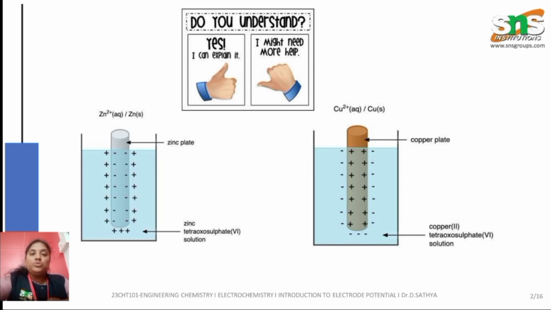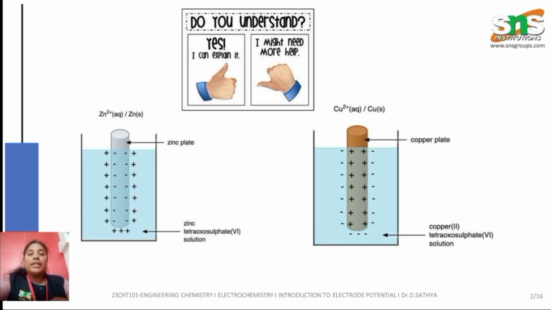We take two beakers. One has the anode part dipped in, like zinc, and the other is copper. In the electrolyte solution, we dip the anode and cathode parts. This is called the electrode potential. That means the anode reacts with the cathode: the anode loses electrons and the cathode gains electrons.